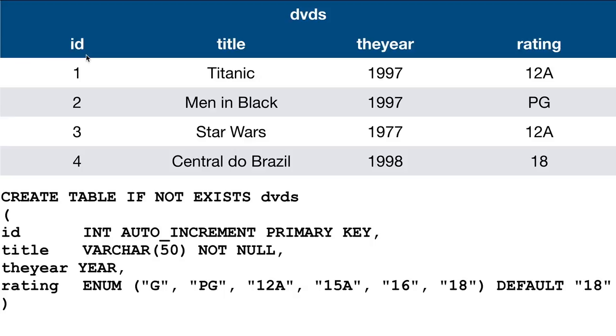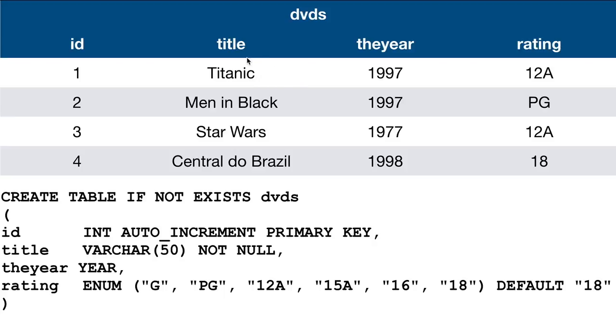You notice that I used ID on the customer table, and I'm using ID here on the DVD table. That's not a problem. They're separate. They're distinct. They're not the same as each other. That's fine. So this is the primary key. It's an integer. It's going to auto increment. So nothing strange or startling there.